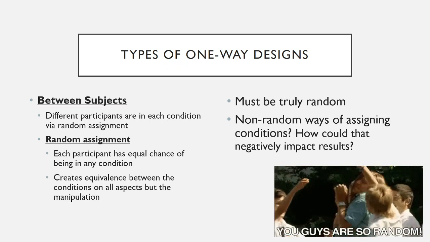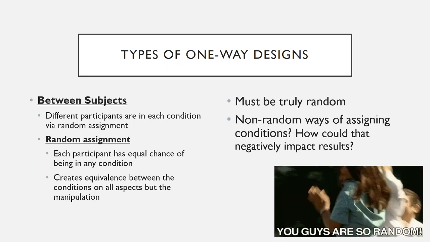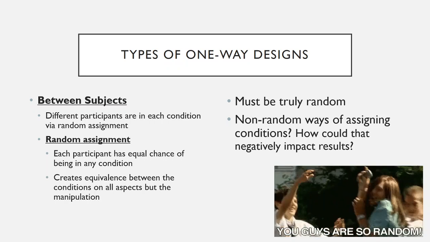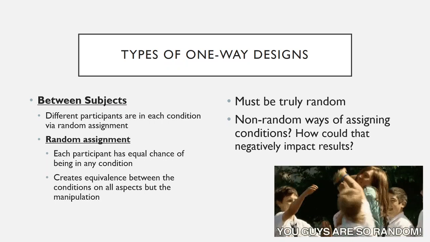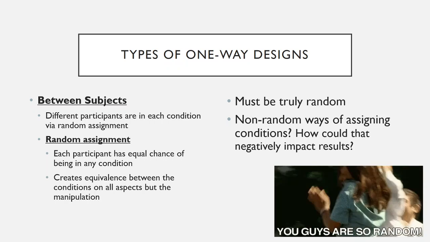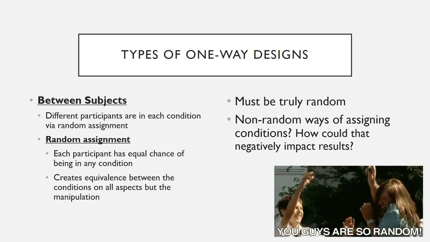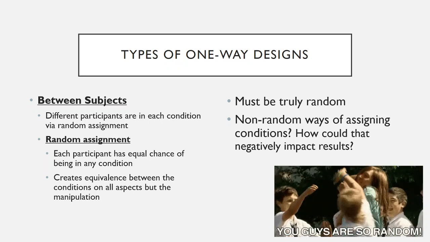Maybe my DV was something like conscientiousness. If I was to take participants who only signed up at the beginning of the semester and compare them only to students who signed up at the end of the semester, and I find that there's differences in conscientiousness, that could be due to the fact that I was recruiting these participants at different time frames.